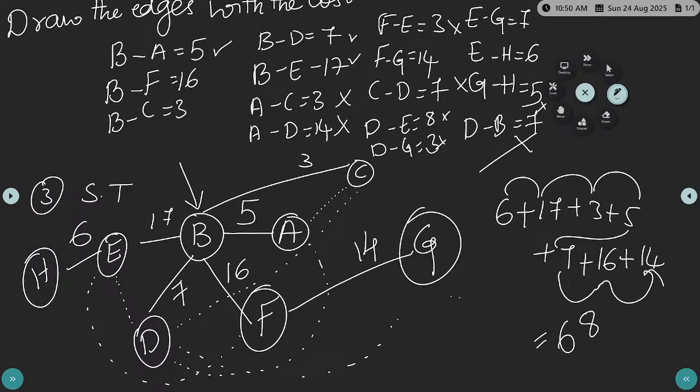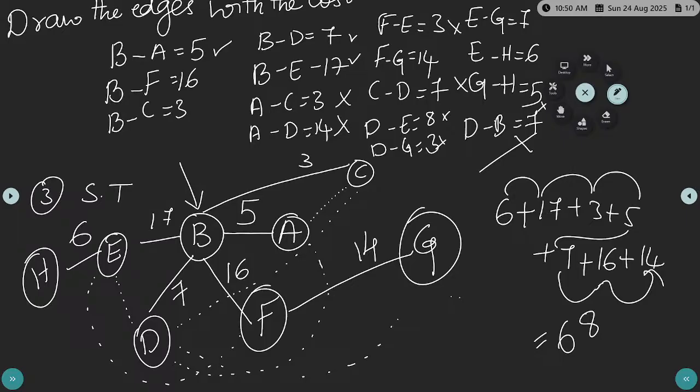Yes? Gurtu cheskondi. What are the two types of data structures? Two types of linear data structures. Stack and queue. So in BFS what do we use? Stack. BFS means what? Do we go depth wise or horizontally?